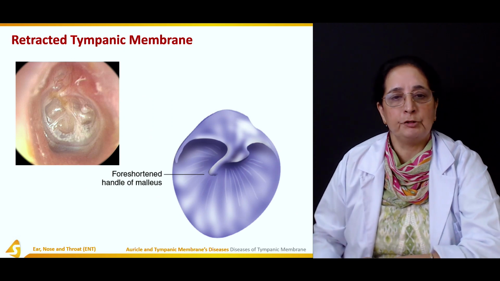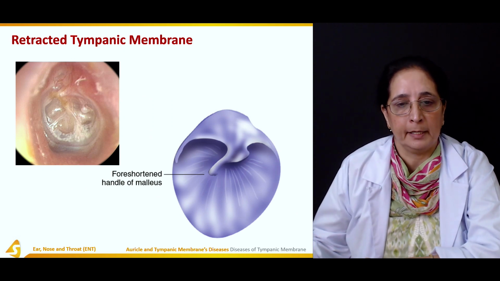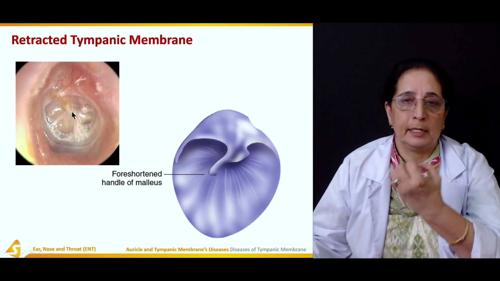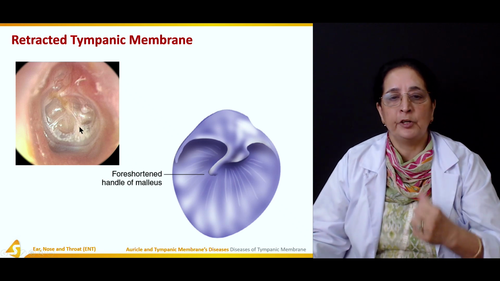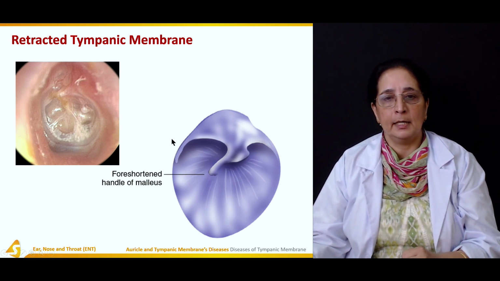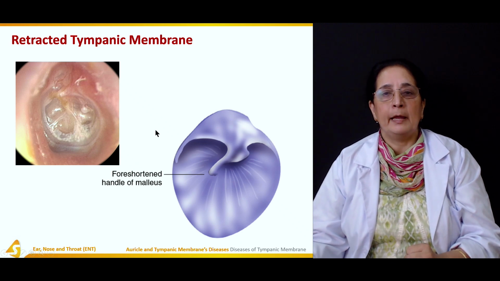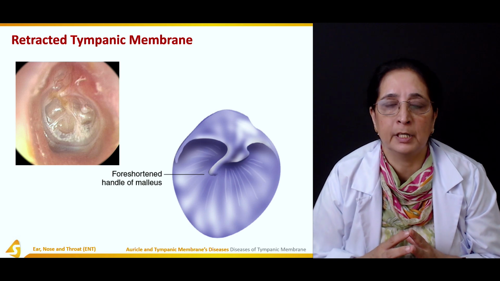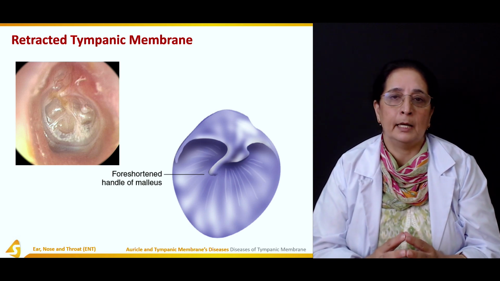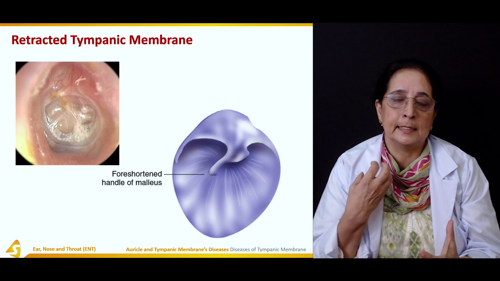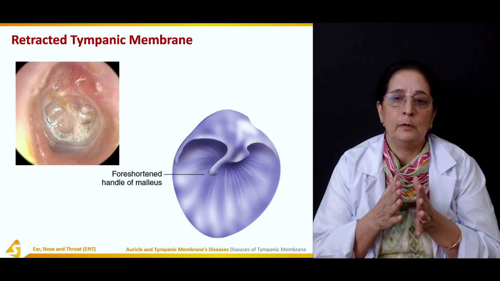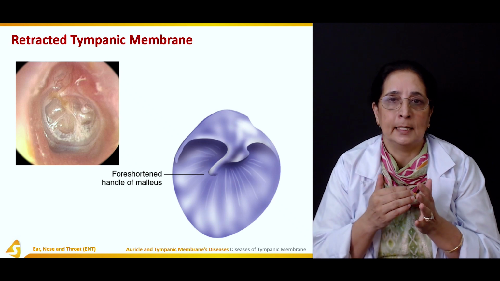The retracted tympanic membrane. This is the retracted tympanic membrane. If you can see, it is retracted or pushed in. The retracted tympanic membrane is usually seen when the eustachian tube is not functioning properly. It's the tube that connects the middle ear with the throat, and it is responsible for the air balance in the ear.